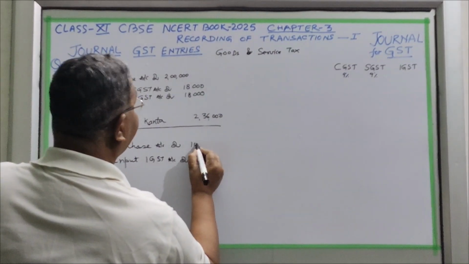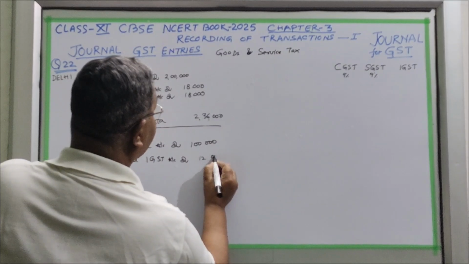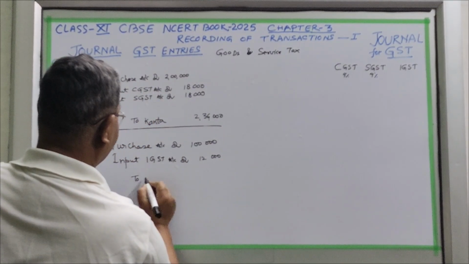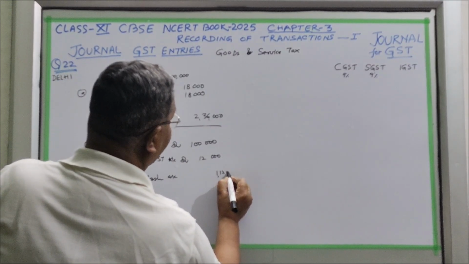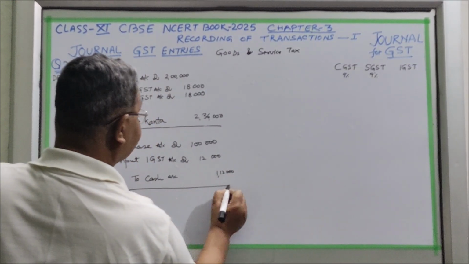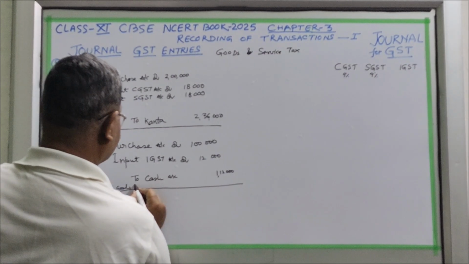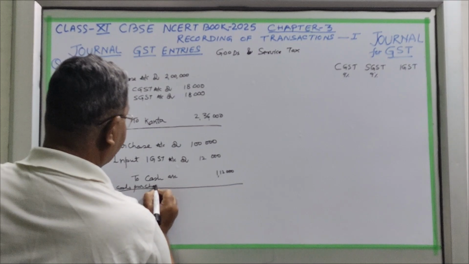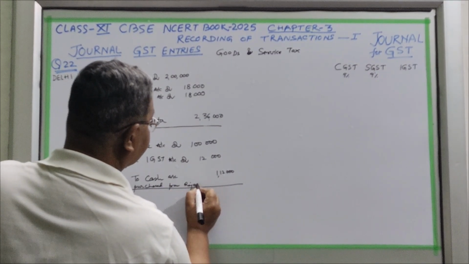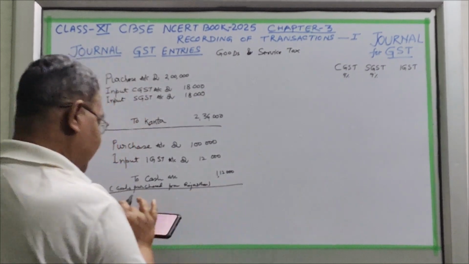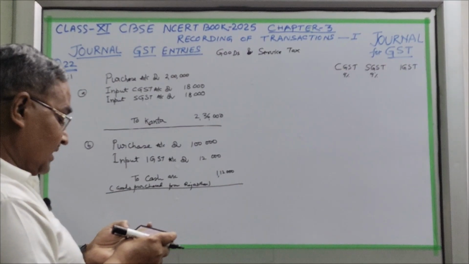Goods costing 1 lakh and rate 12%, so 12,000, to cash account 1 lakh 12,000. Narration: goods purchased on cash from Rajasthan. Whatever the question, as short as you can, you have to write a narration also here. So this is the second entry.